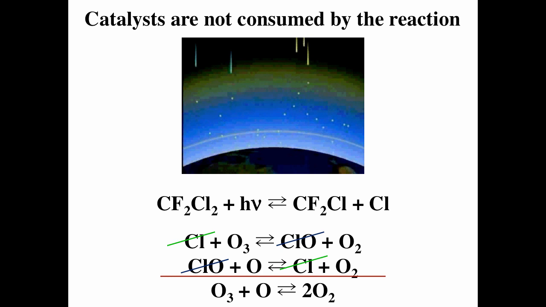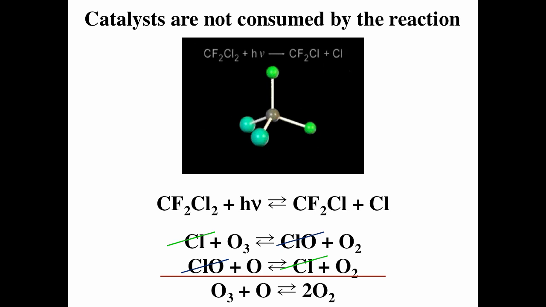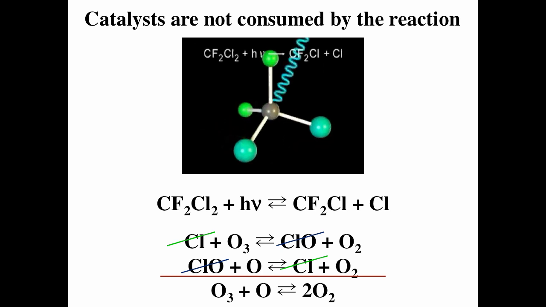Chlorofluorocarbons, or CFCs, are very stable molecules in the lower atmosphere. Over a period of years, they slowly diffuse into the stratosphere. In the stratosphere, the CFCs are subjected to energetic ultraviolet rays that can cause rupture of a carbon-chlorine bond.